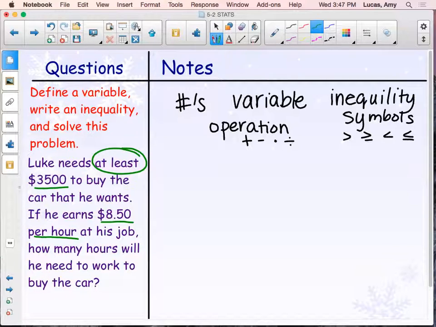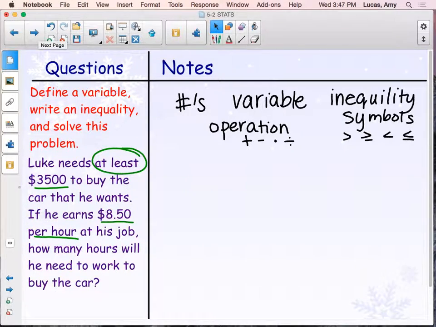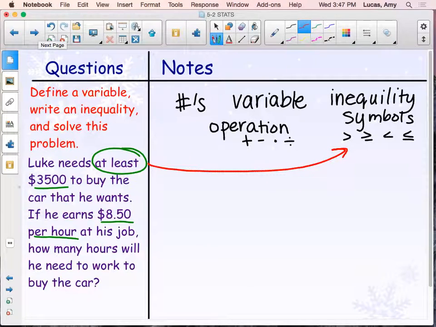He needs at least $3,500 to buy the car. When I see the words at least, that is going to be one of our inequality symbols. If he needs at least $3,500, at the very least, that means it would be greater than or equal to. He needs greater than or equal to $3,500 to buy the car.